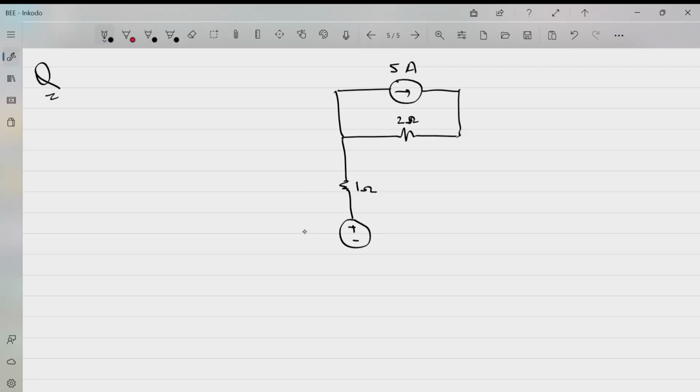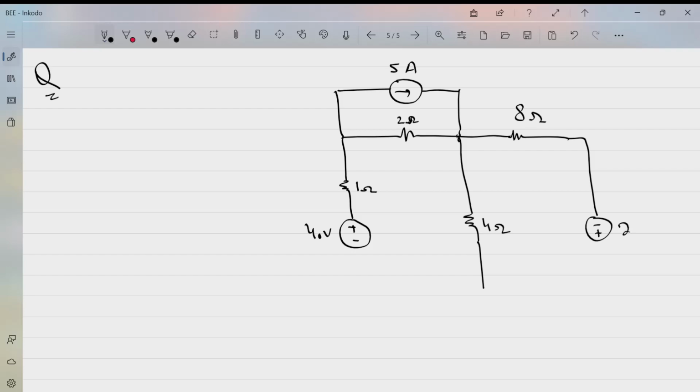This is 1 ohm, this is 40 volts. यहाँ से एक 4 ohm रेजिस्टेंस, यहाँ से एक 8 ohm रेजिस्टेंस है, माइनस प्लस 20 volts.